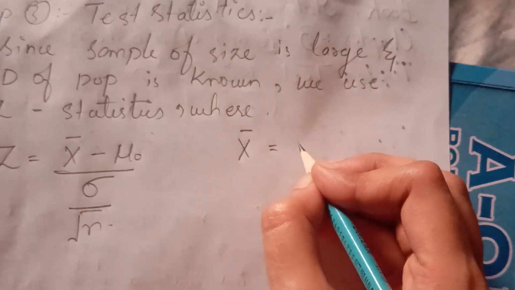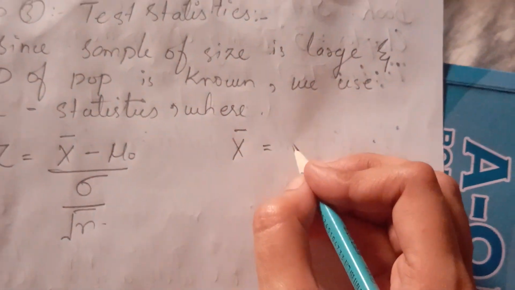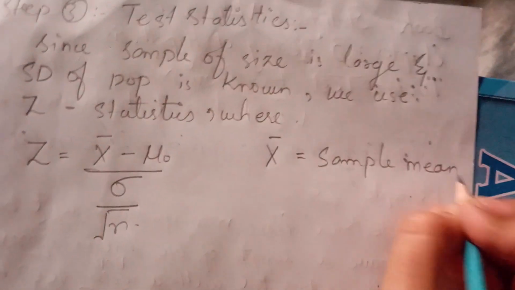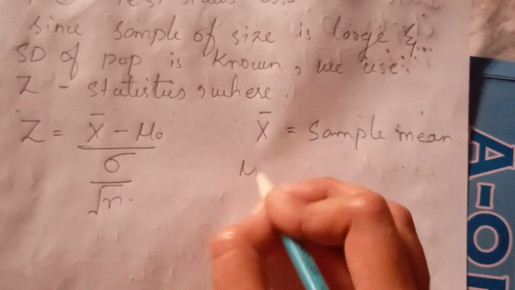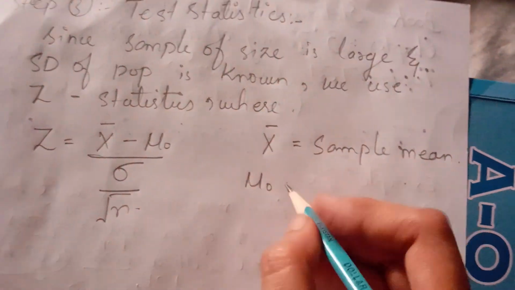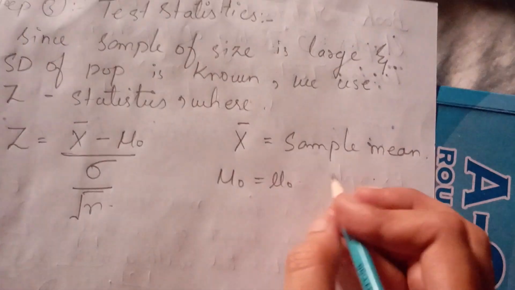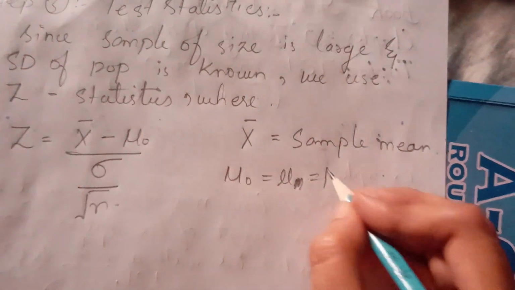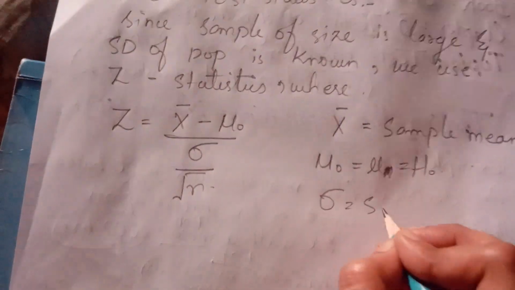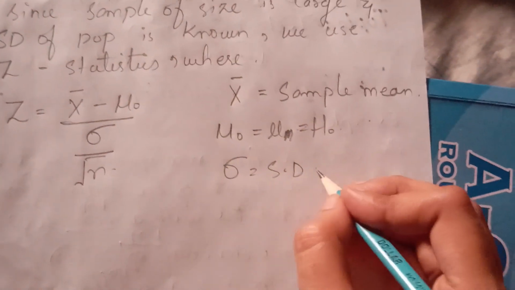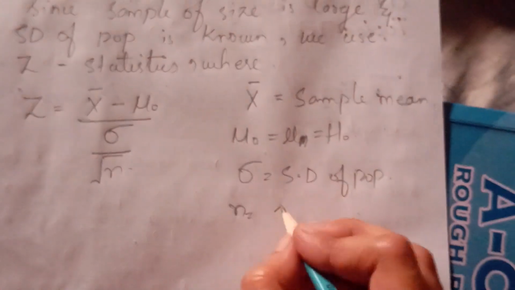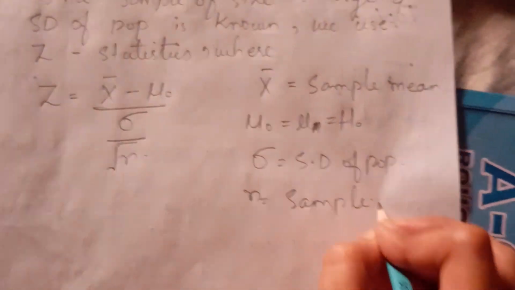X bar is the sample mean, and mu naught is equal to mu in the null hypothesis. So that is the null hypothesis, and sigma is the standard deviation of the population, and n is the sample size. I hope that is clear.